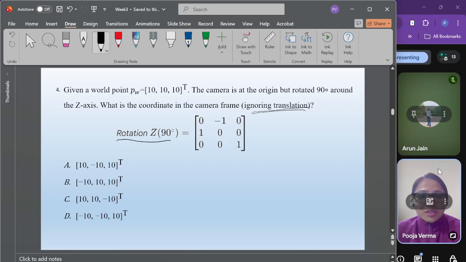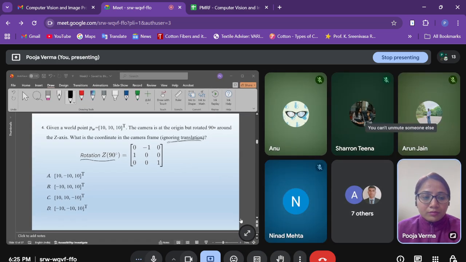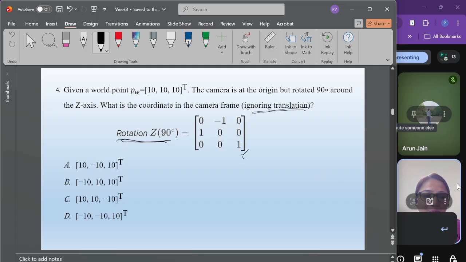So how to solve this question? Anyone want to try? What will be the answer? Here the world point is given and it is also given that the camera is at the origin but rotated 90 degrees around the z-axis, and the matrix is given. Now we need to find the coordinate in the camera frame.